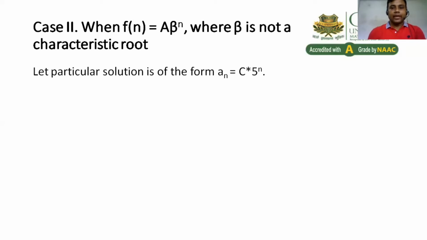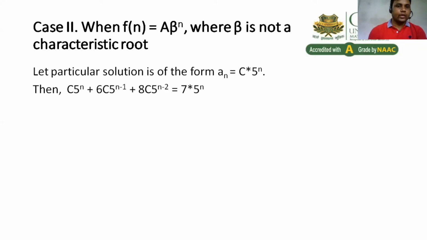Now, this is the value of an, so we can put the value of an in the given recurrence relation. We can also find the value of an minus 1 as well as an minus 2. In place of an we have written c into 5 to power n, in place of an minus 1 we have written c into 5 to power n minus 1, and in place of an minus 2 we have written c into 5 to power n minus 2, and that will be equal to 7 into 5 to power n.